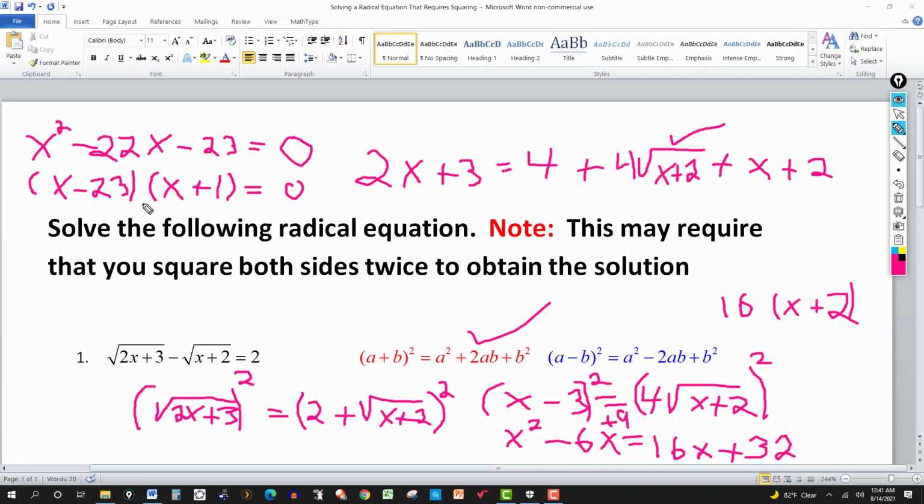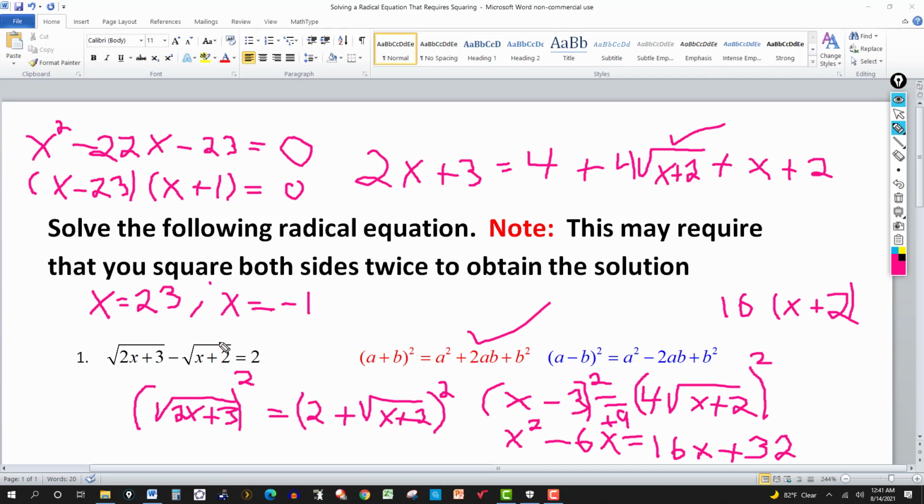So then we just set each factor equal to 0. We set each factor equal to 0. So we get, solve each of those, x can be 23, or x can be -1.